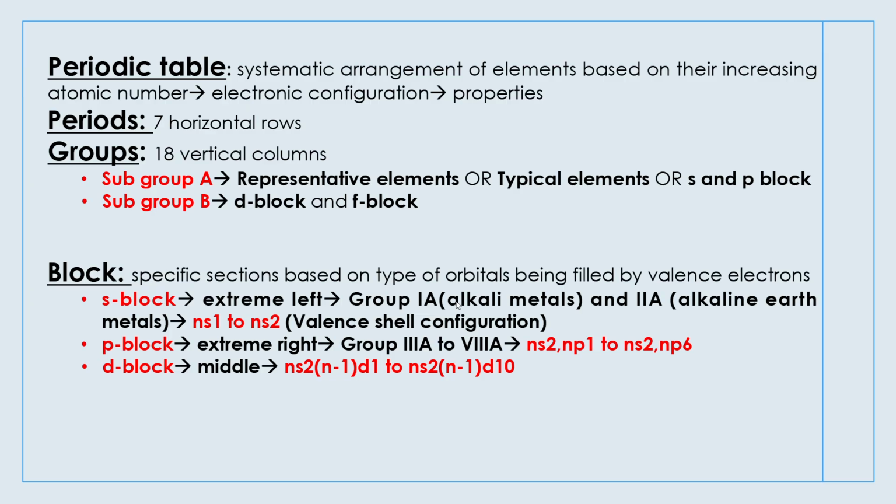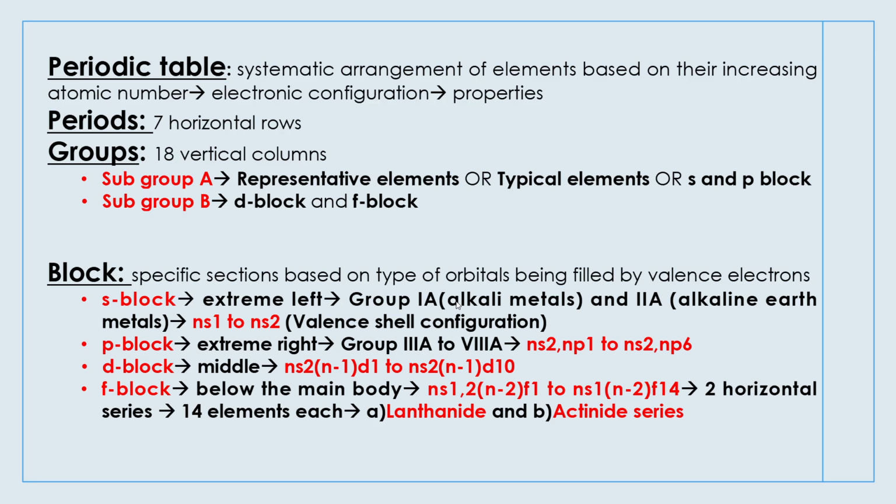So the valence electronic configuration is ns2 (n-1) d1 to ns2 (n-1) d10. n is the number of the shell. The electron is present in which shell? It can be 1, 2, 3 till infinity. n-1 shows the penultimate shell. Penultimate shell means the second last shell.